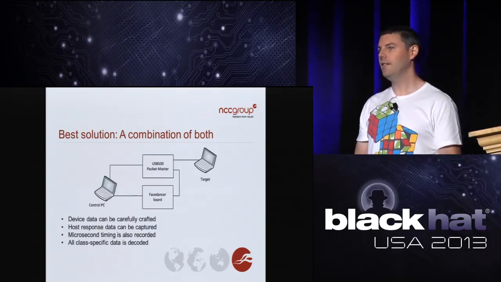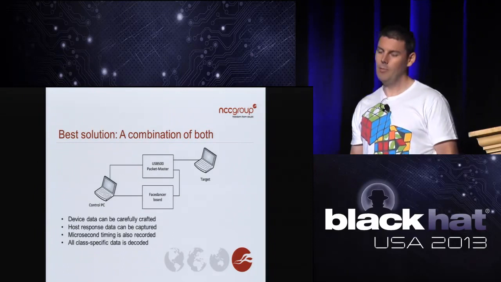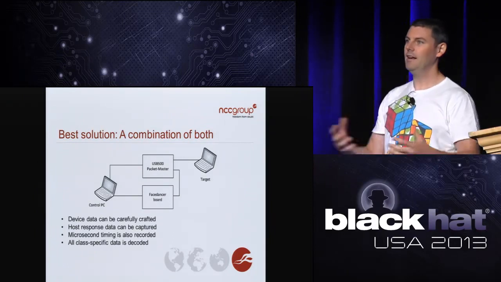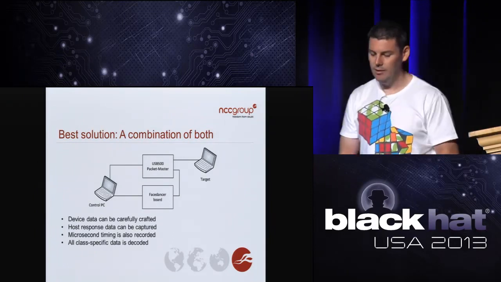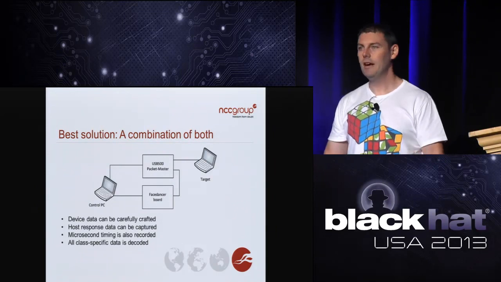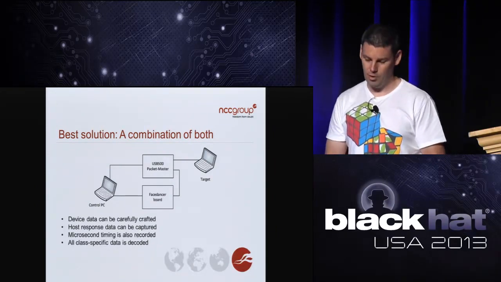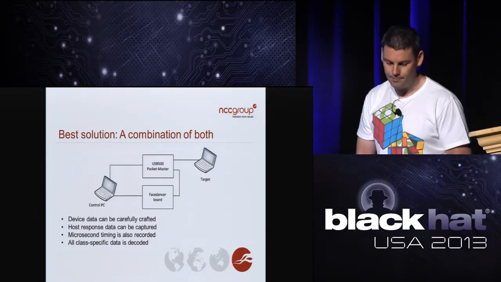So use a Facedancer to actually generate the traffic, but then because you're looking in detail at the traffic that's coming back, you need to be able to capture, decode the classes, and interpret the data using the commercial USB sniffer.